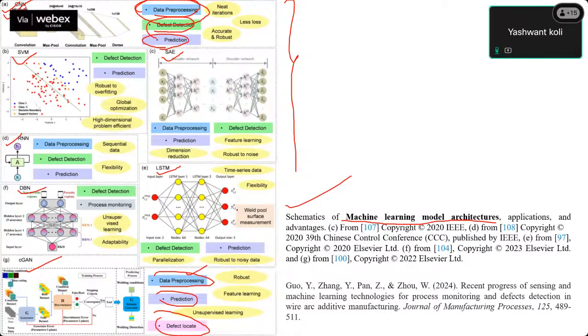We can quickly figure out what the defects are and what the quantity of defects is. So next is SVM, that is support vector machine. It is effective for classifying simple defects such as slag, porosities, and incomplete penetration.